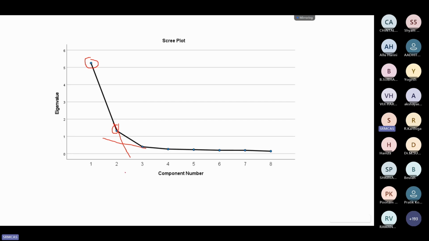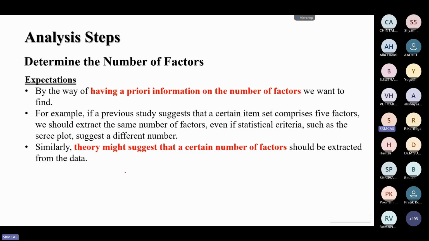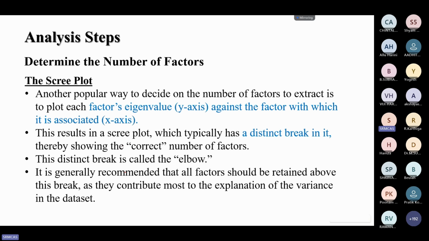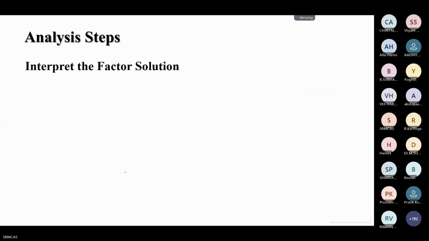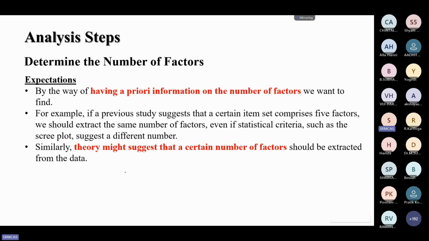So then we can select the 2 factors here. This is called the scree plot. Then we can determine the number of factors based on expectations. Apart from these criteria, we can also determine the number of factors based on what our theory requires, and subjectively select the number of factors we need.